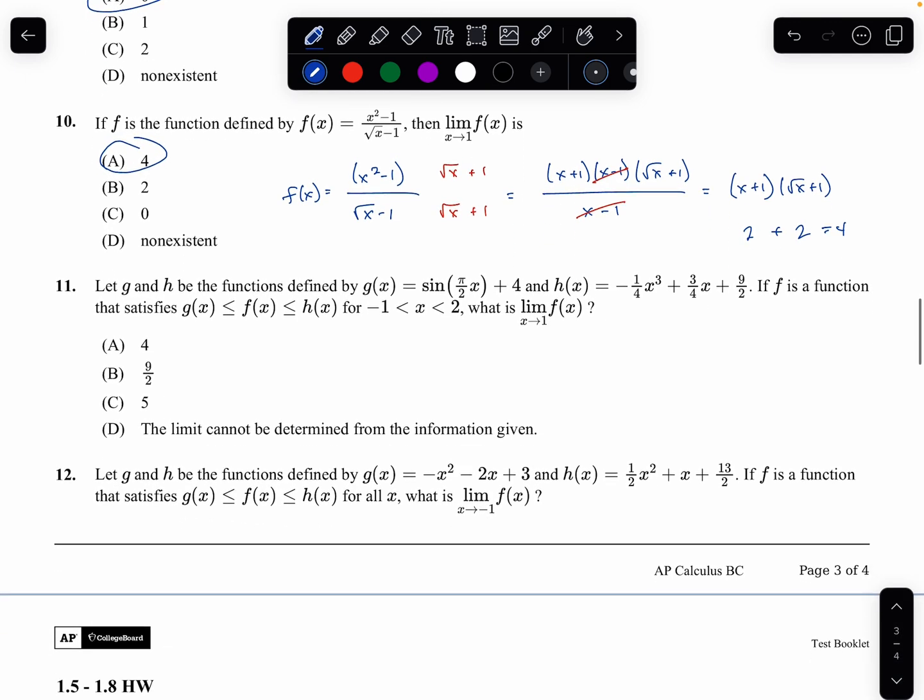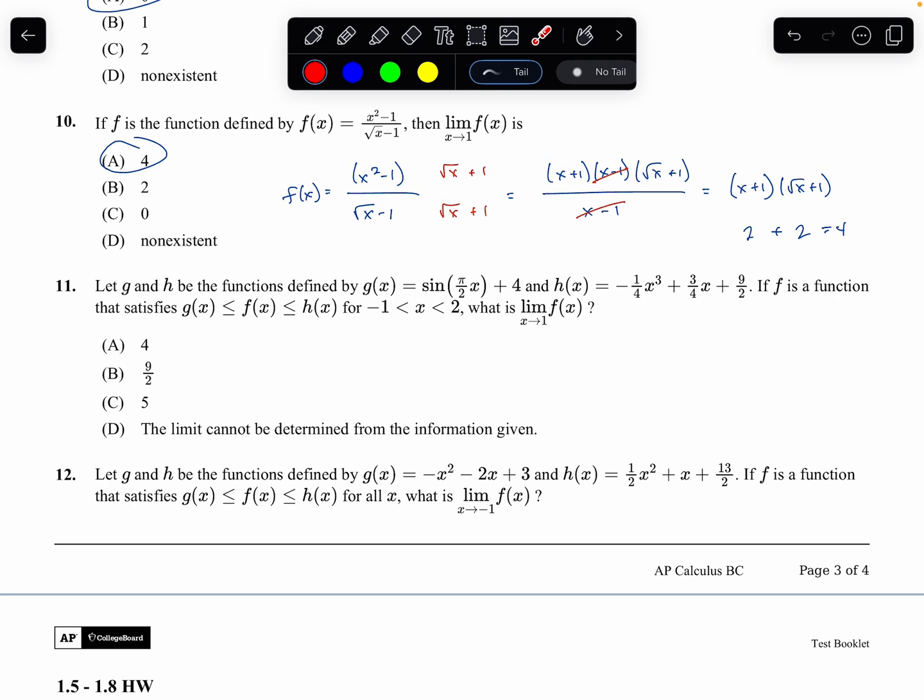Okay, so for 11, looks like here I can already tell we're looking to use the squeeze theorem. So let g and h be functions defined by g of x equals that right there, h of x equals that right there, and satisfies g of x is sandwiched between f of x. Okay, for this interval right here, what is the limit as x approaches 1?